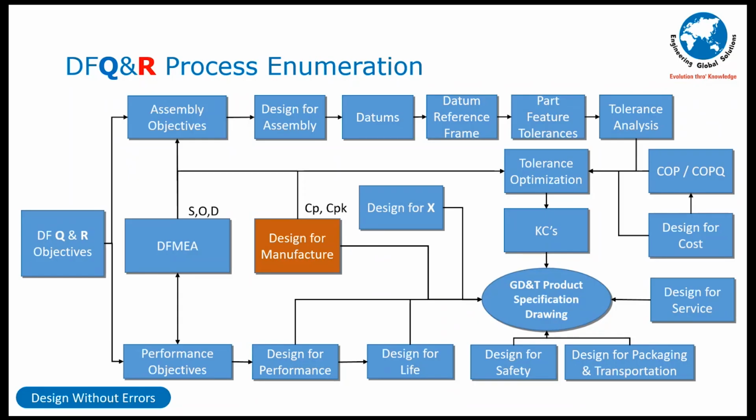So the influence of design for manufacture in terms of the Cp/Cpk, or its influence on the PFMEA, which is tethered to the DFMEA given over here, or in terms of the tolerance optimization, or in terms of the cost of precision. In all these cases, you would be in a position to look at the overall bird's eye view of this DFQ&R process and see how to relate to this.